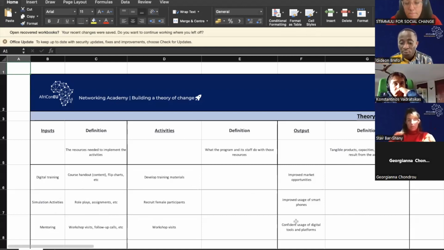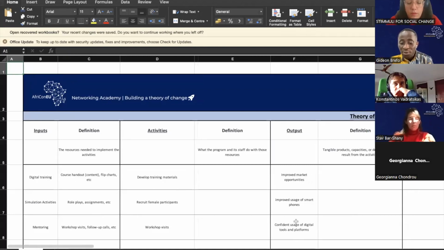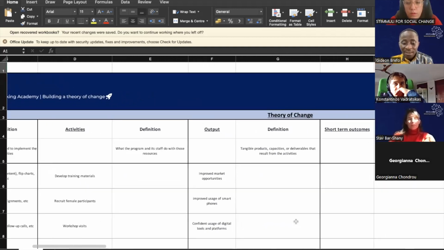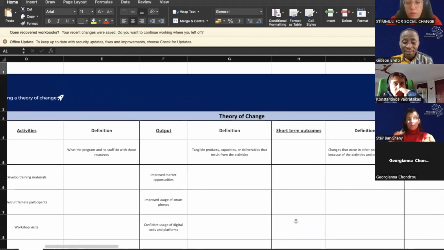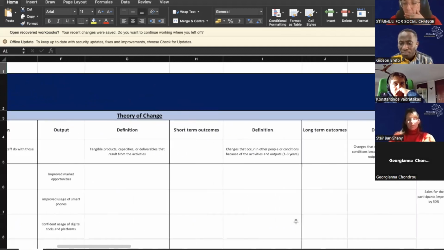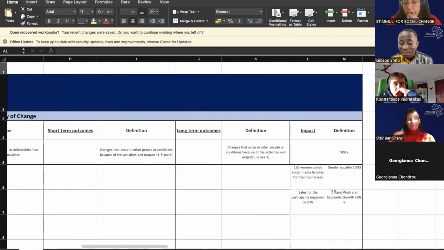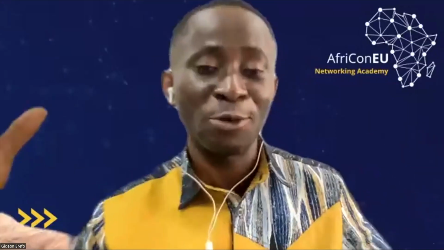In terms of output, we had improved market opportunities, improved usage of smartphones, and then confident usage of digital tools and platforms. We were focusing on SDG 5 and SDG 8, helping bridge the gap in gender equality, and also promoting decent work and economic growth. So this was the theory of change that we used.